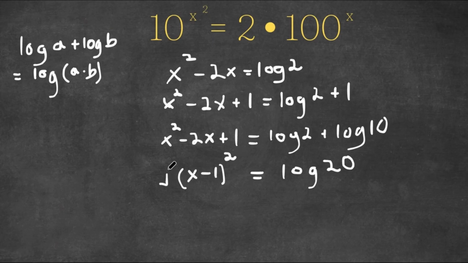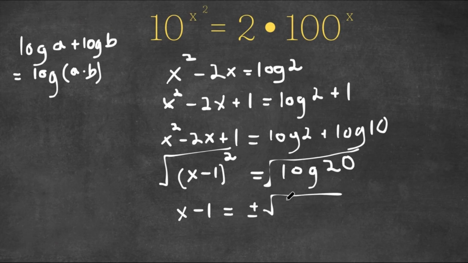So now if I take the square root on both sides, I get x minus 1 is equal to positive or negative square root of log 20.